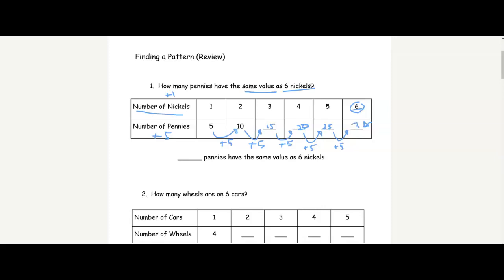Yes, it's 30. So 30 pennies have the same value as 6 nickels. 30 pennies for 6 nickels. Alright.